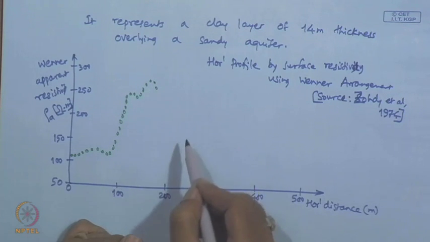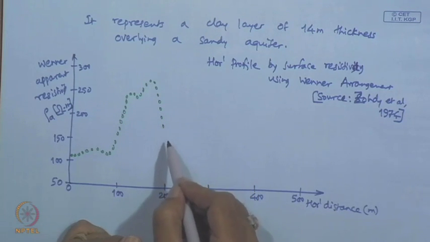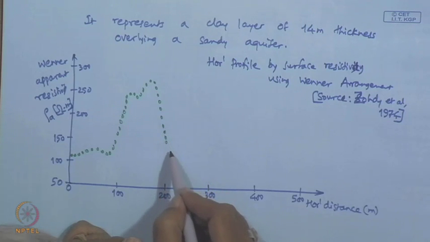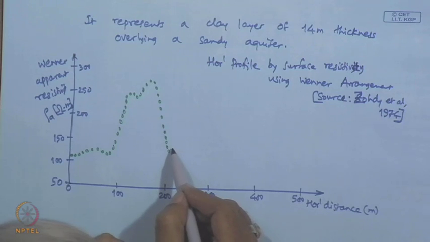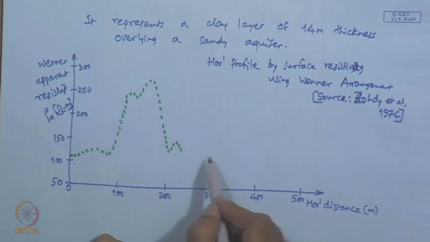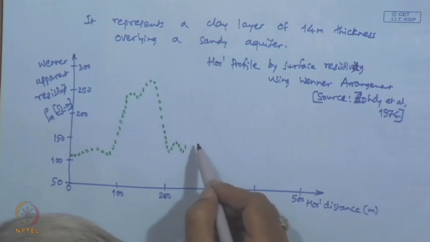And again, when it is clay, the resistivity will drop back to between 100 and 150.